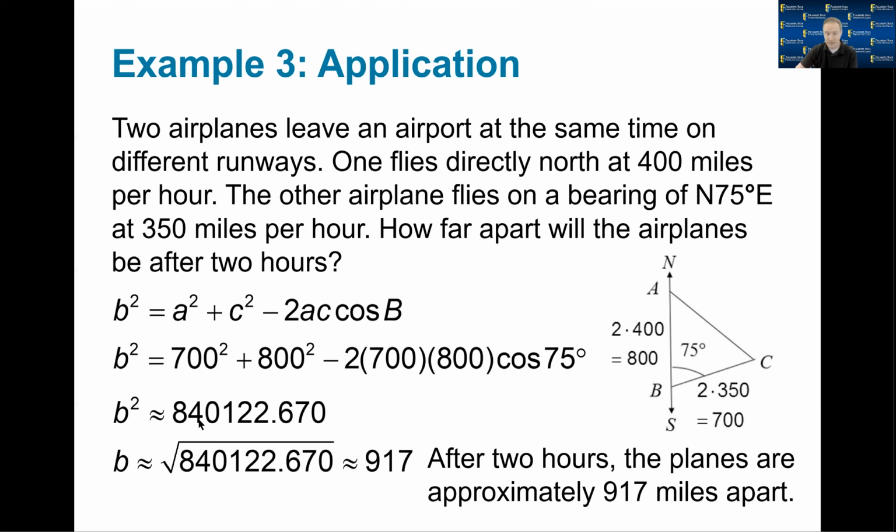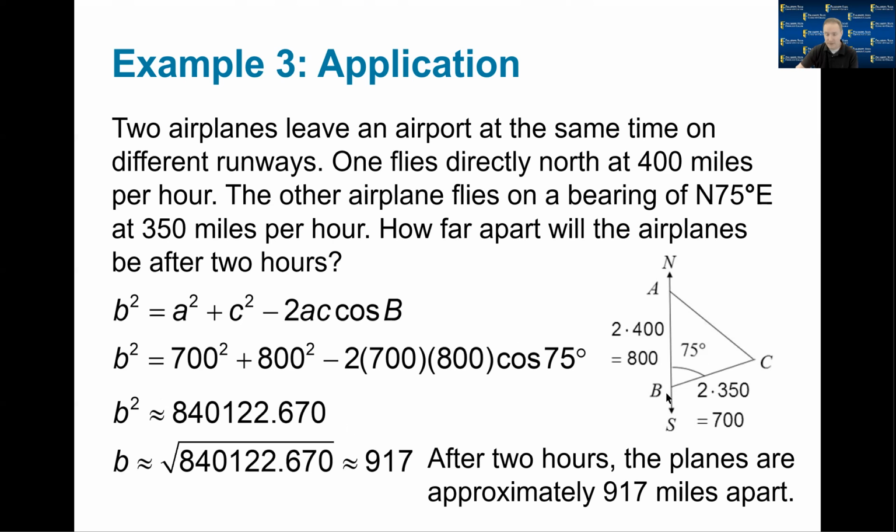When I solved for B squared, I had 840,122.67. And of course, don't worry about how large that is. We're taking the square root of it because we need B, and whenever we do this, B is approximately 917 miles apart.